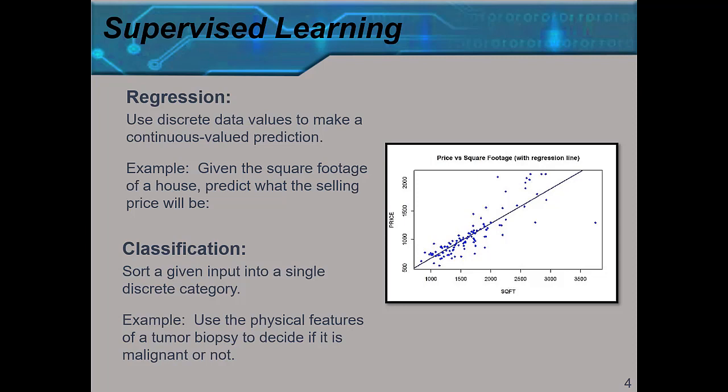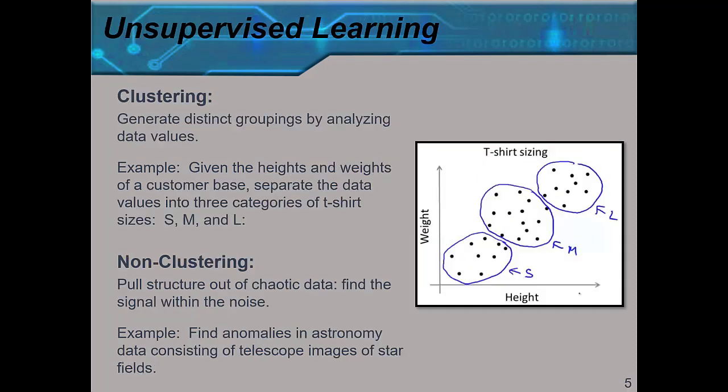It'll make more sense with the next category, because that one is unsupervised learning. In unsupervised learning, we have data that is not labeled, generally massive amounts of data that is not labeled.